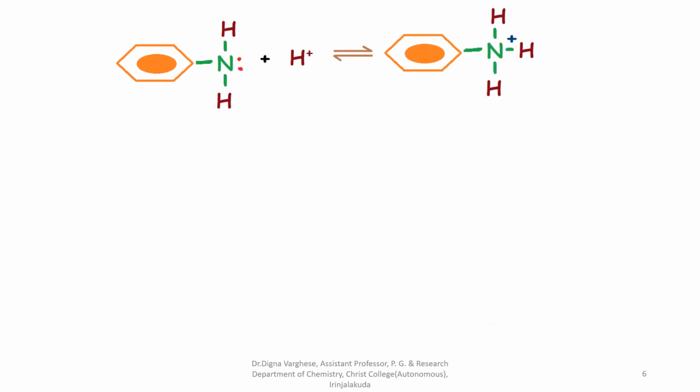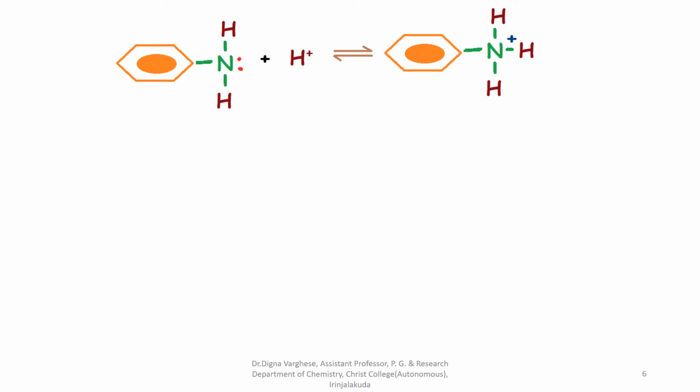In the case of aniline, a lone pair of electrons is present on the nitrogen atom which can coordinate to the H plus ion and form the anilinium ion.